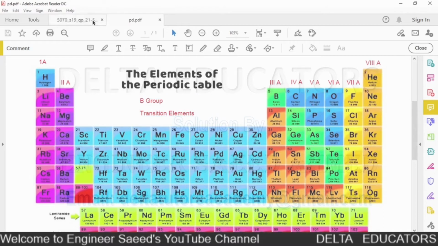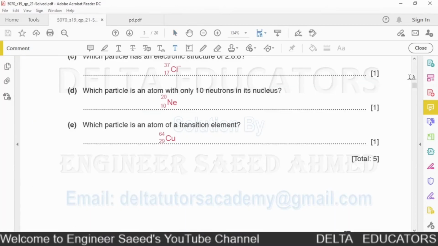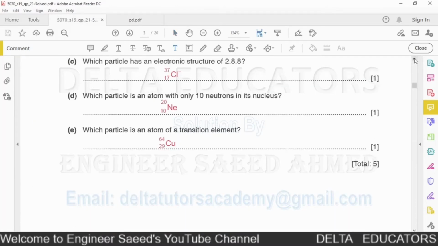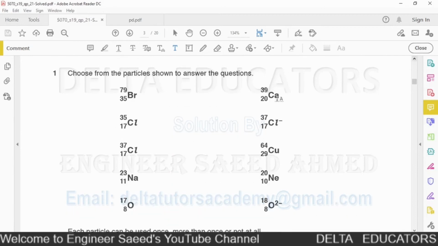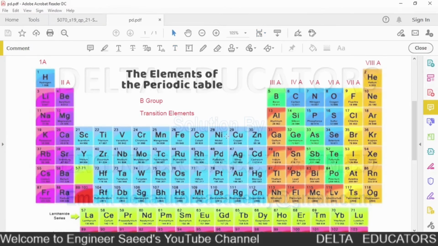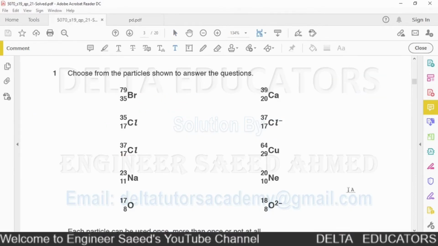Now if we check the list, the transition element here is copper. This copper belongs to the transition elements, so our answer will be copper.